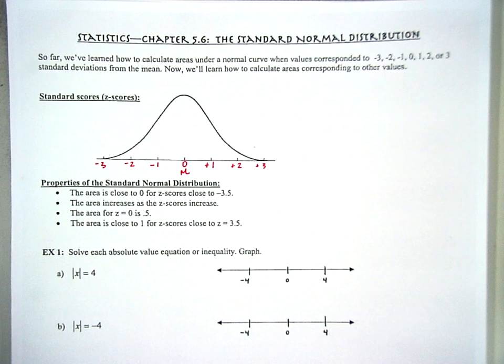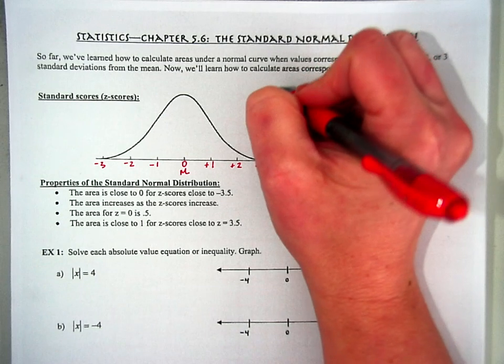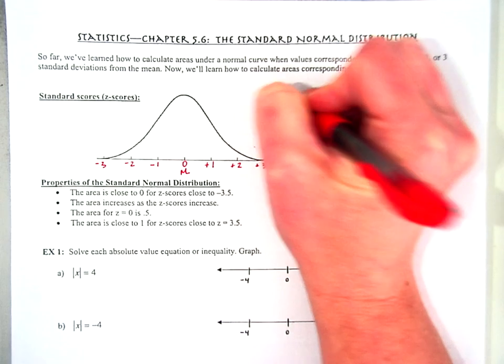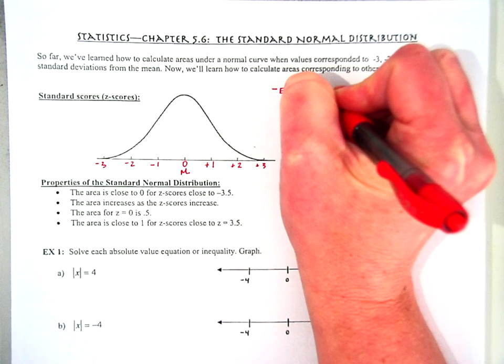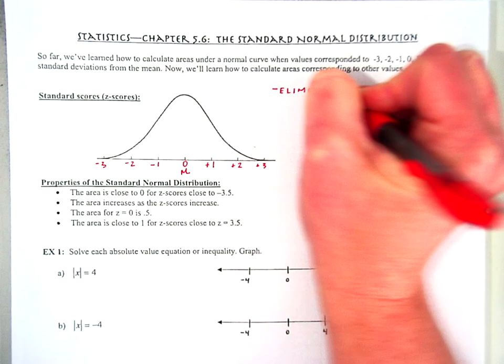Now, we've calculated z-scores in the past. So here, first, I just want to remind you that what we like about a z-score is it strips away the units, right? It eliminates units from our data. We are standardizing.